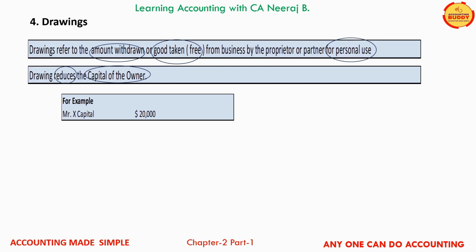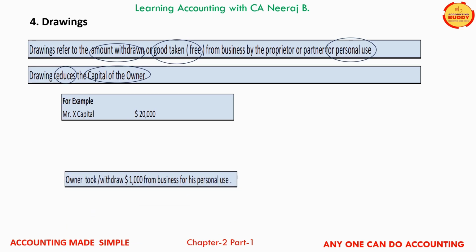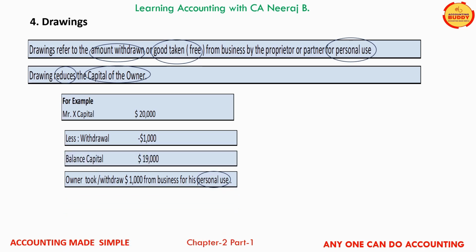For example, Mr. X has invested an amount of $20,000 in his business and he took $1,000 as cash from the business for his personal use. This withdrawal amount of $1,000 will get reduced from his capital in the business and the balance amount of capital will appear in the balance sheet.